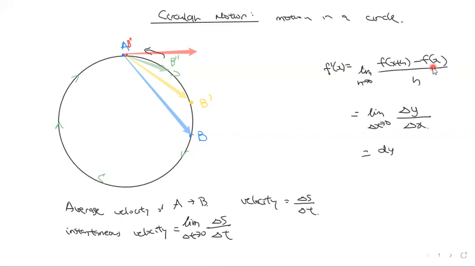And that is dy dx, right? And that's why velocity, by definition, which you should also know from your 2-unit or 3-unit, is the derivative of displacement with respect to time. So we've now revised how to work out the velocity at a particular instant.